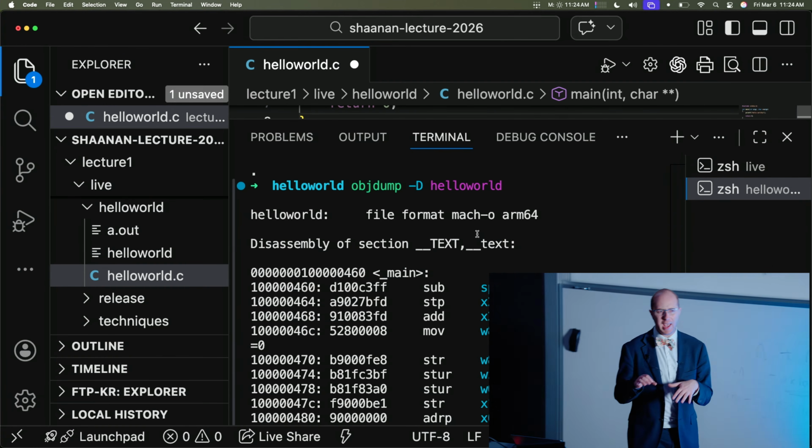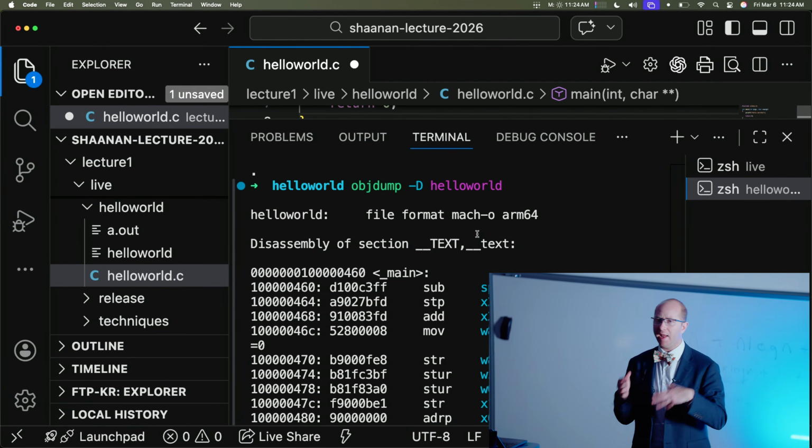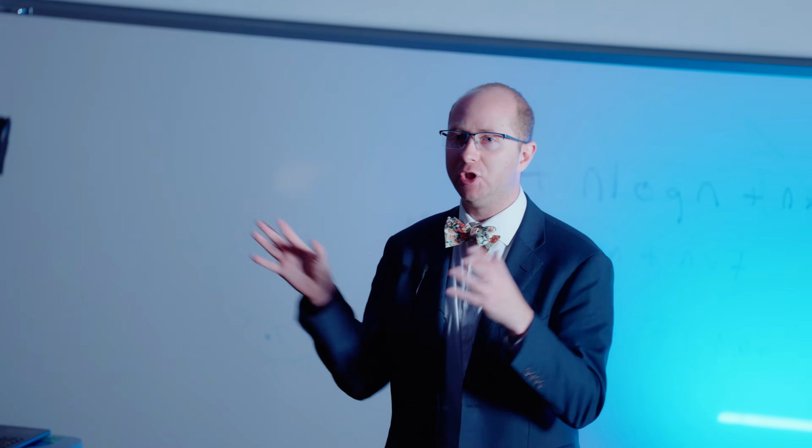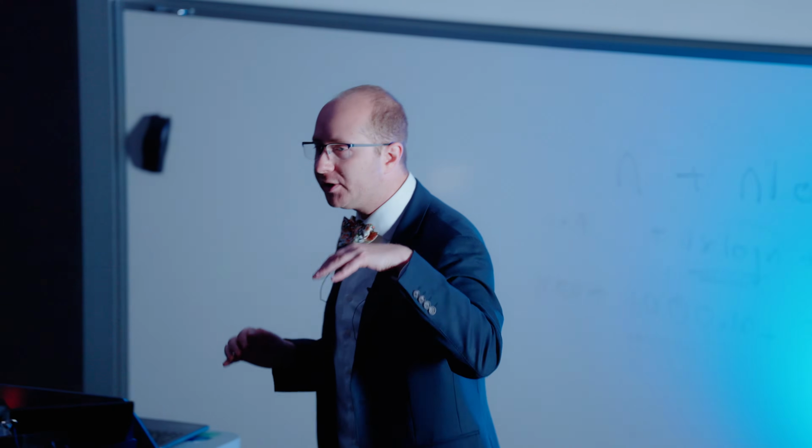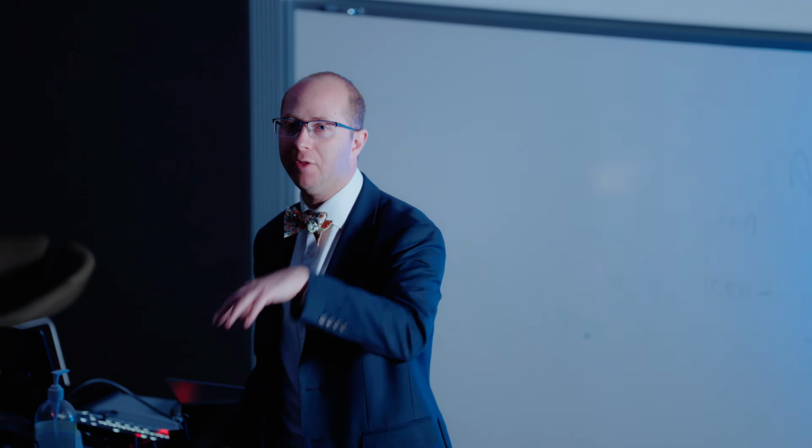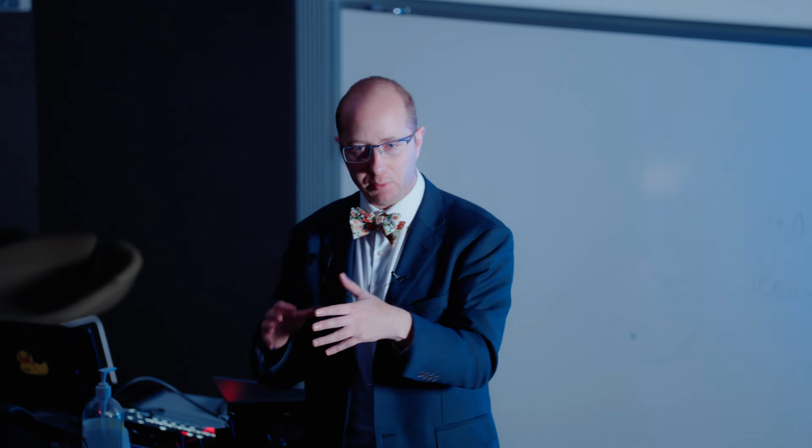Because at the end of the day, what happens inside the computer is whatever the numbers are that you've produced through the compiler, those get fed as electrical signals down the wires to the computer, to the actual central processing unit, which is a chip inside, and then based on which wires are electrically active and which ones are not electrically active, it knows what instructions to do and what data to get.